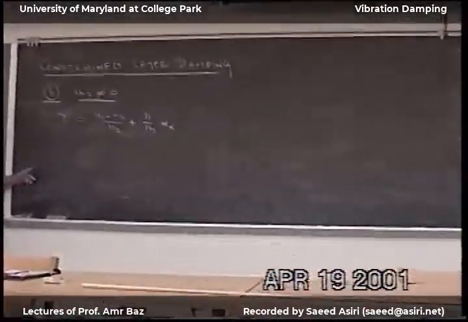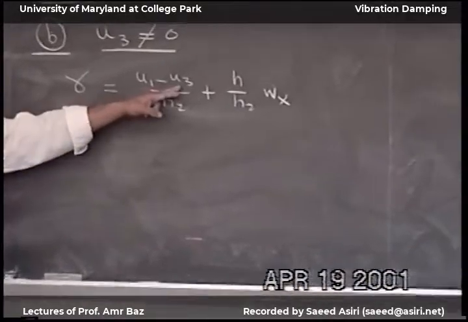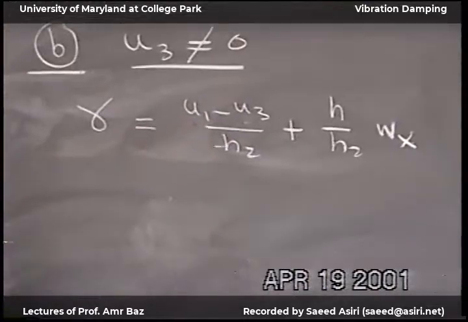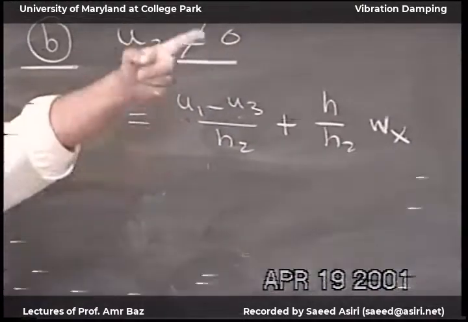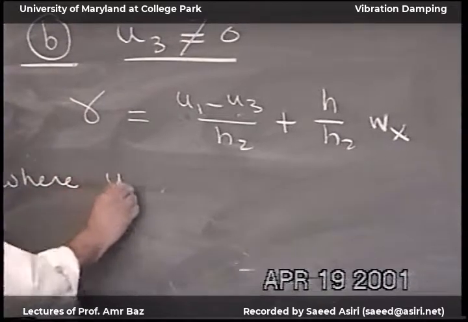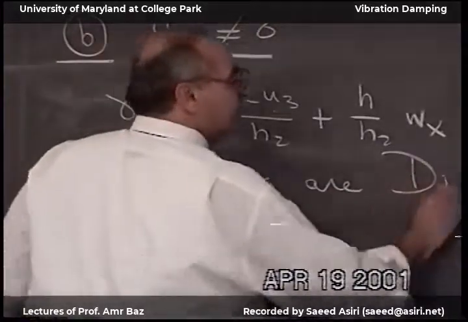And we'll say here, in the previous case, I put U3 is equal to 0. In this case now, U3 and U1 are not independent. They depend on each other because of this fact.